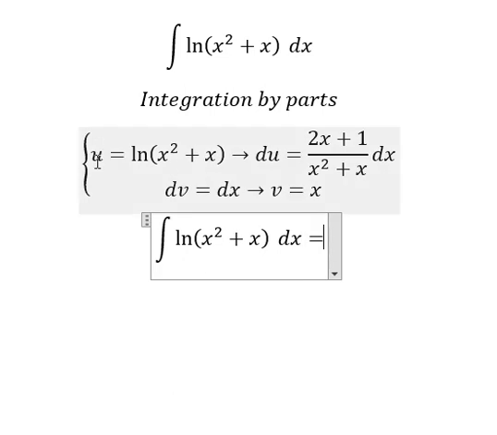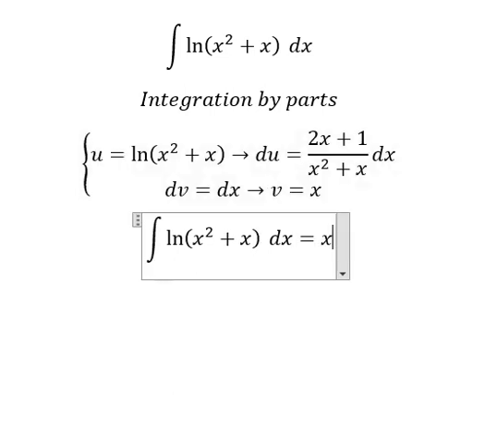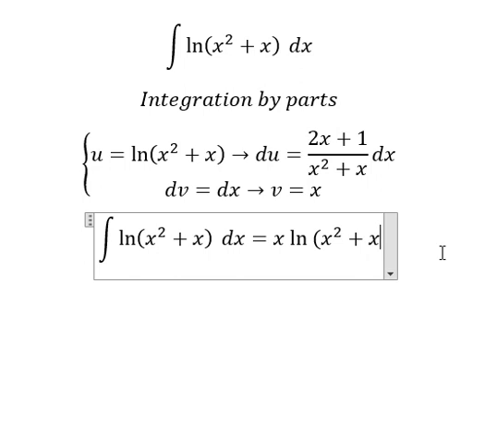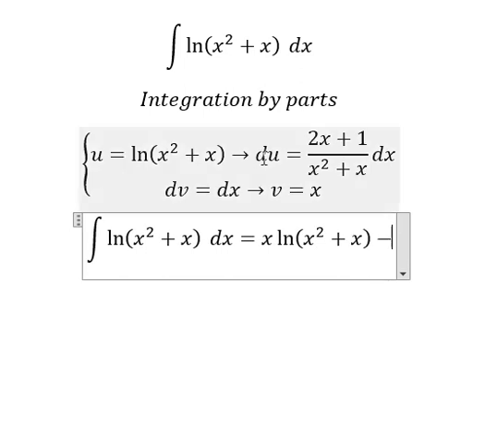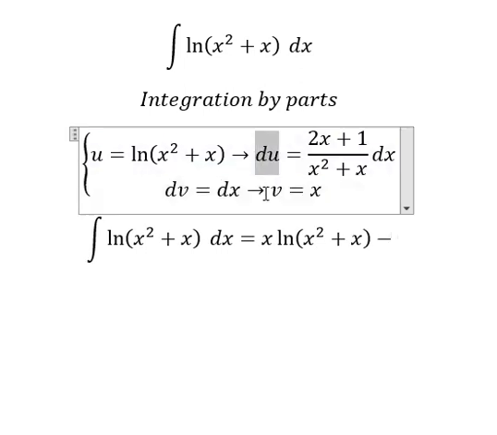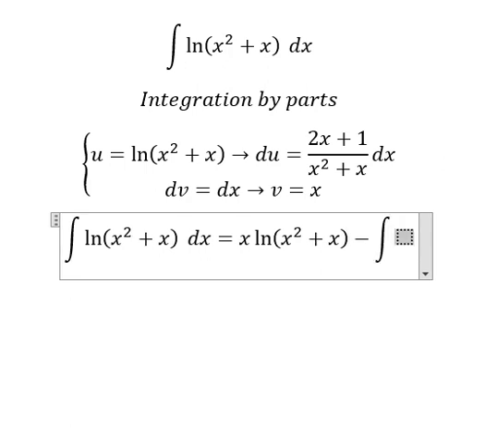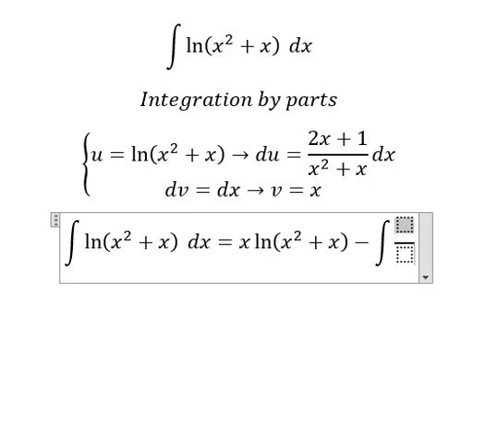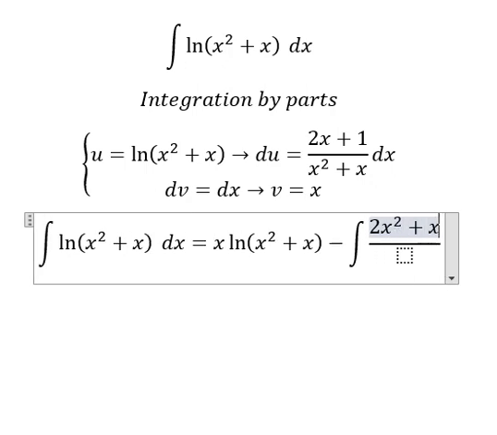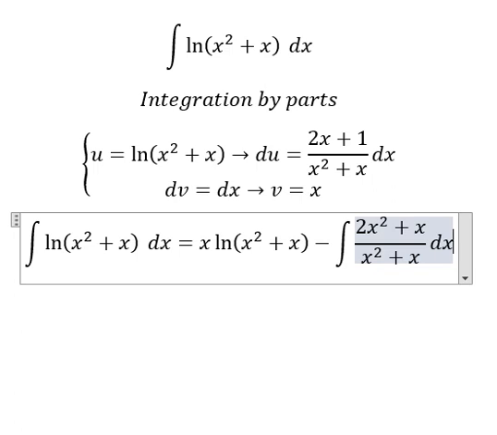So we have u multiplied by v minus the integral of v du. So that should be the integration of (2x squared plus s) over (s squared plus s) ds.